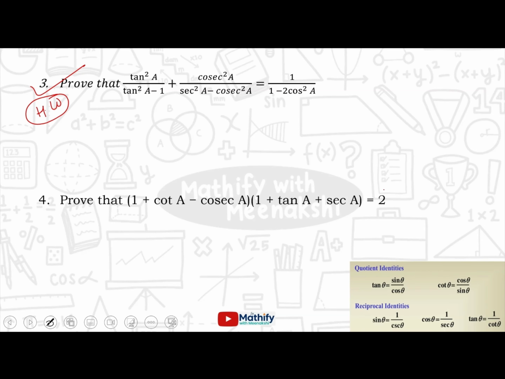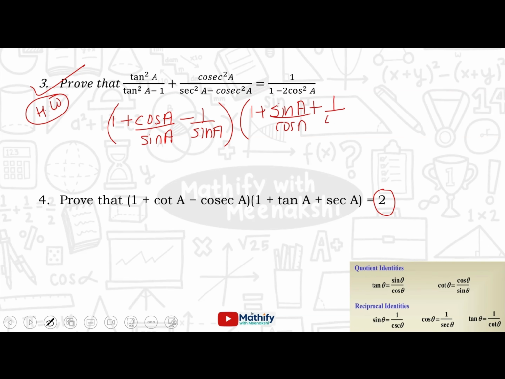We need 2 here. Okay, so let's convert everything again in sine cos. What is cot? It's cos by sine. Cosec is 1 by sine, into tan is sine by cos, and sec is 1 by cos. Yes, take the LCM.